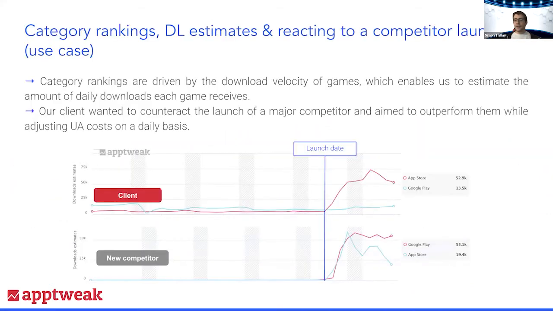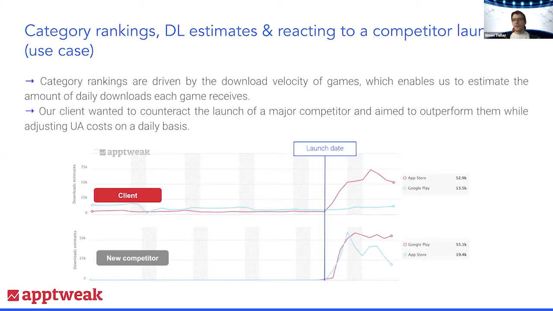Now, in terms of data you can get from your competitors, there are quite a few. I'm going to start with lessons you can learn from monitoring category and rankings and download estimates. And that's actually a use case we've had with one of our clients earlier this year, who came to us a month before a new competitor was going to launch.